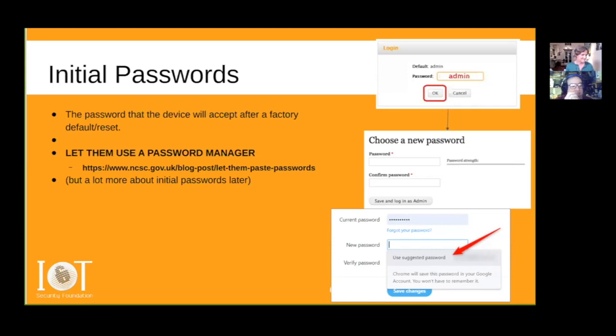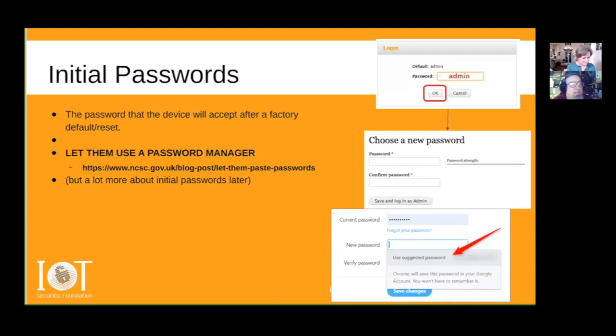I had a bank that went way out of their way with extensive amounts of JavaScript to keep me from pasting in my well randomly chosen password, so that I would have to type it in. And the end result, of course, is the password went on a sticky note on the wall, which was completely the wrong direction. And they just couldn't understand what the issue was. It's so nice to have advice now that says, please do this.